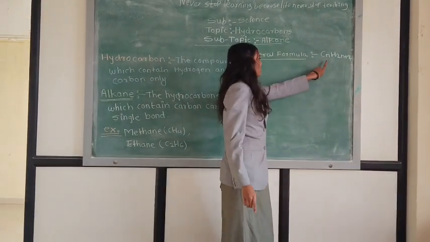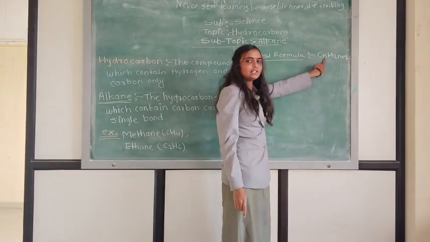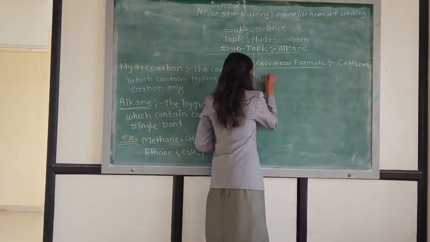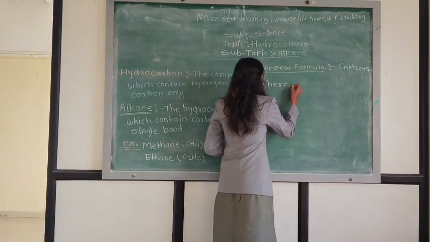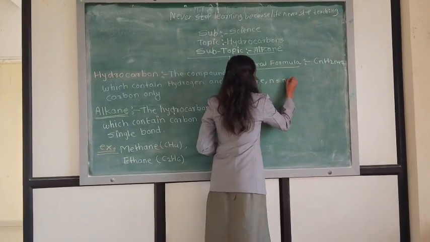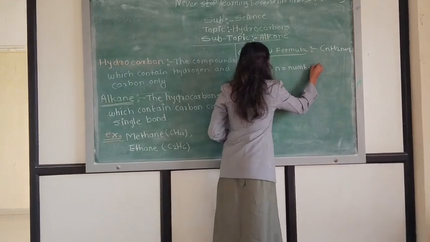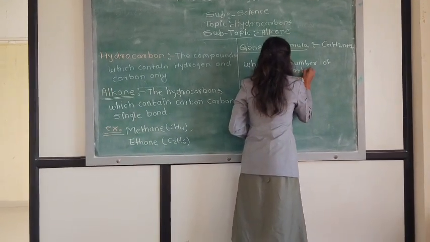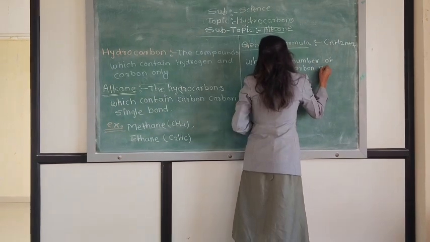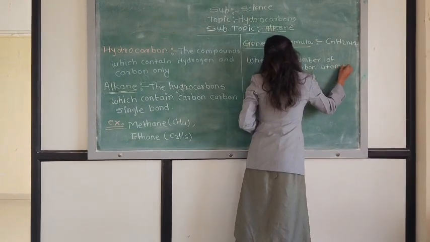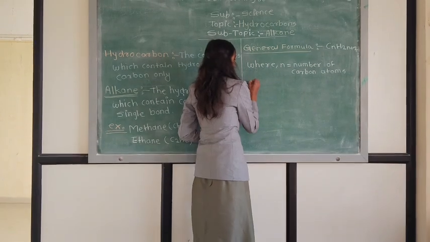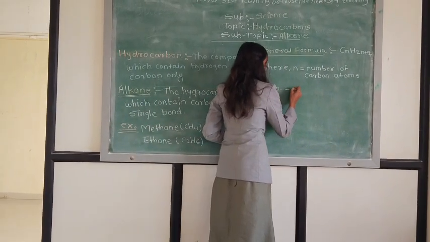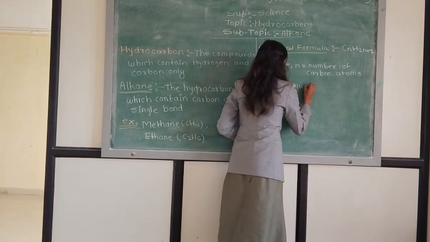So, what is meant by n? n is nothing but the number of carbon atoms, where n is equal to number of carbon atoms, and 2n+2 is the number of hydrogen atoms.